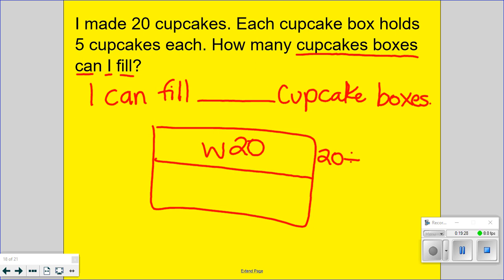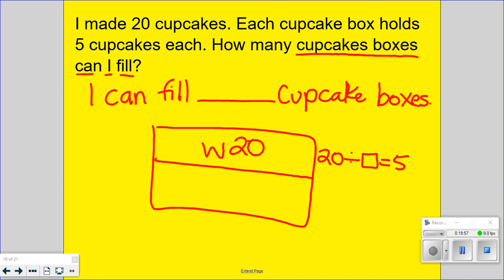Huxley, you're saying no. I don't know the number of boxes? No, I don't. But I know something, Huxley. What do I know? Each box, I don't know how many boxes, but I know that each box gets how many? 5 cupcakes.